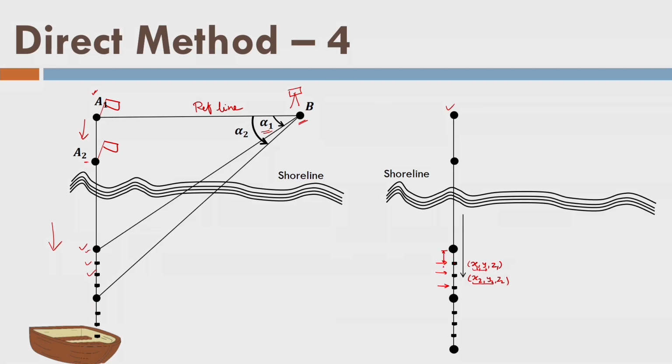Basically, we are measuring this distance here, this distance here, and so on. And in order to measure these distances, we are using a clock. That means the speed of the boat into the time difference. Let us say this angle is alpha 3.